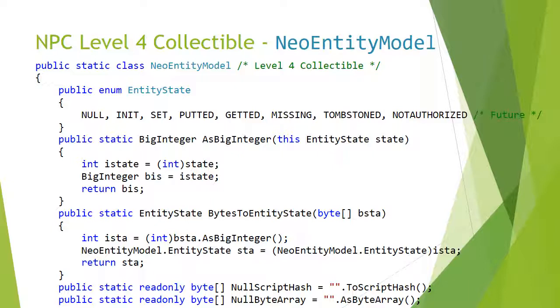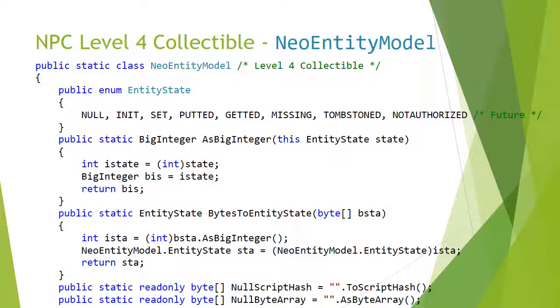That's looking to something that we have in the roadmap to be able to do authorization based on the user that's invoking the smart contract, being able to control what persisted entities that caller has access to. So that's not supported in this level 4. But it's snuck into the slide. And at the bottom, we also have created some static read-only byte arrays for null script hash and null byte array.